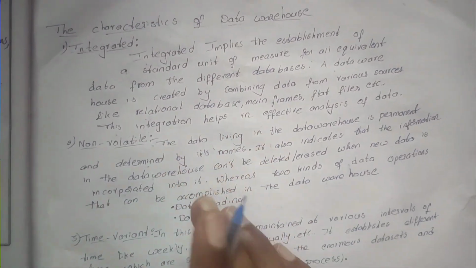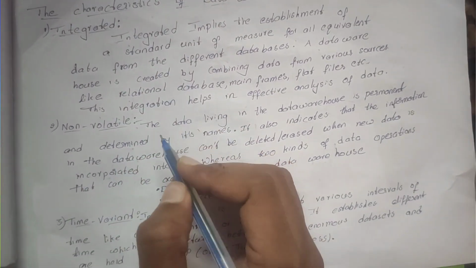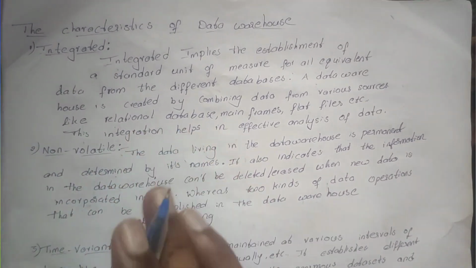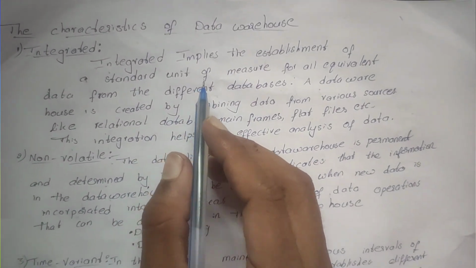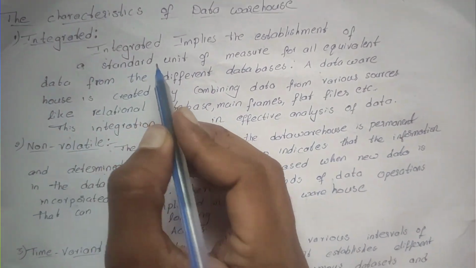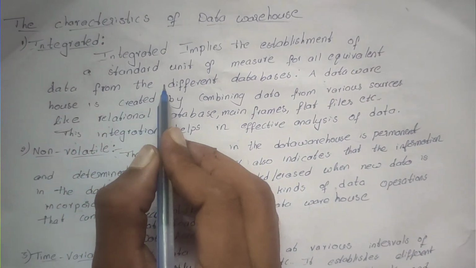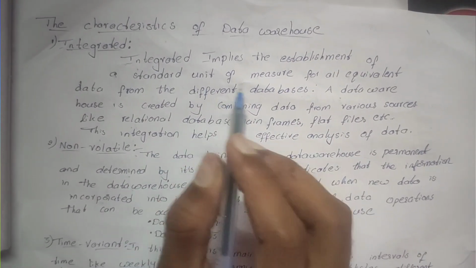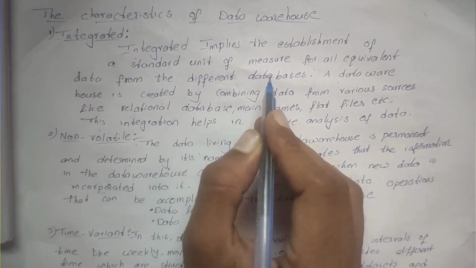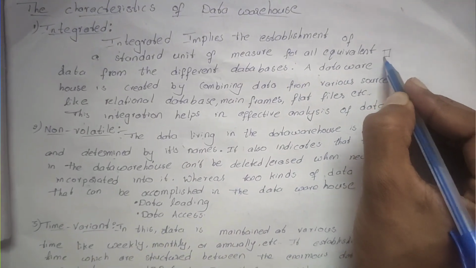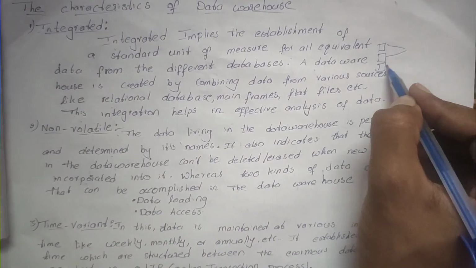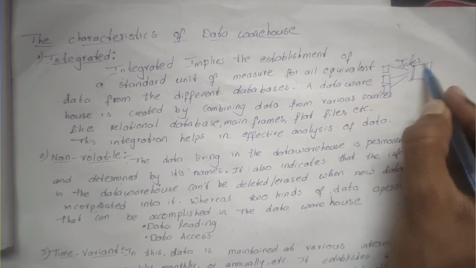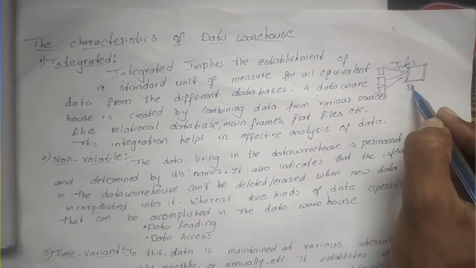There are 4 characteristics: integrated, non-volatile, time variant, and subject oriented. First, we will see the integrated. Integrate implies the establishment of a standard unit of measure for all equivalent data from the different databases. You are collecting data from different databases and integrating into a single database, that is, into the data warehouse.